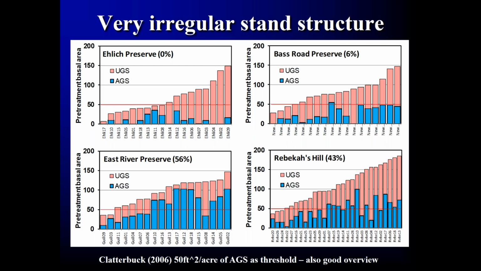And then you can have other stands like the two lower ones, where maybe half the stand actually has acceptable growing stock. But if you look at the lower right, the Rebecca one, it has a tremendous amount of unacceptable growing stock, which is competing with and slowing the growth of the acceptable growing stock you have out there.